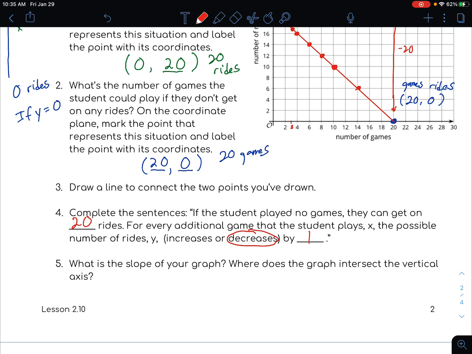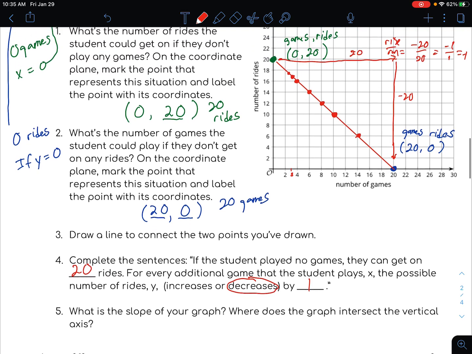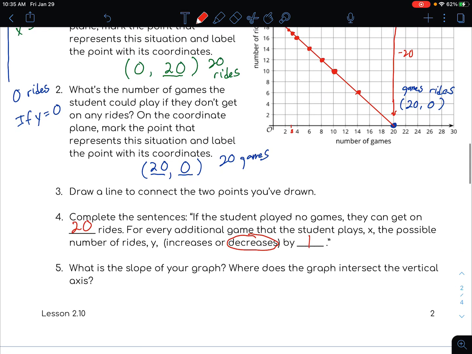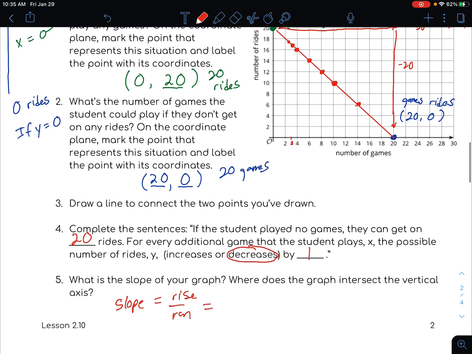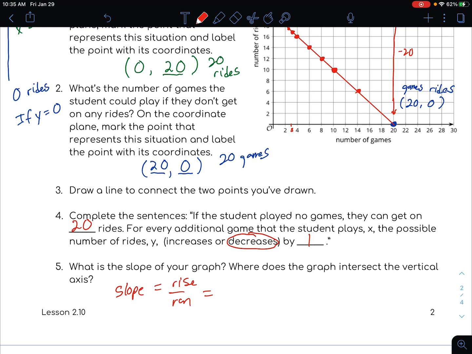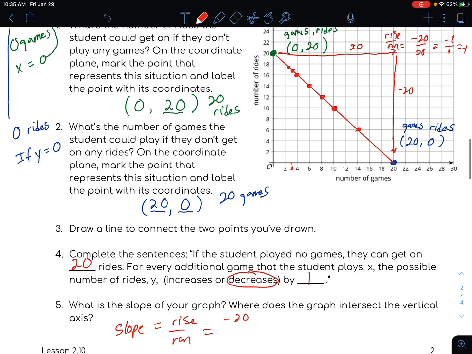Where does the graph intersect the vertical axis? The slope of the graph, again, is going to be negative 1. Let's write what we did up top. If we think of our rise over our run and take any 2 points on our graph, so if we took the first point and the last point, then we had a negative 20 for our rise and a positive 20 for our run, which is equal to negative 1 over 1, or negative 1.